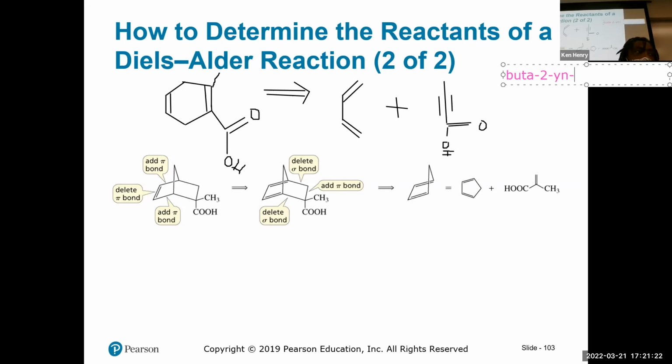It's not a ketone. It's a carboxylic. And what is the abbreviation for carboxylic? Acid. Or you could just say butenoic acid.